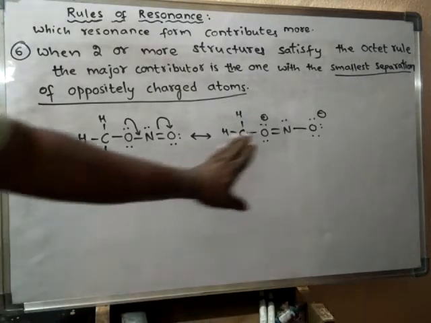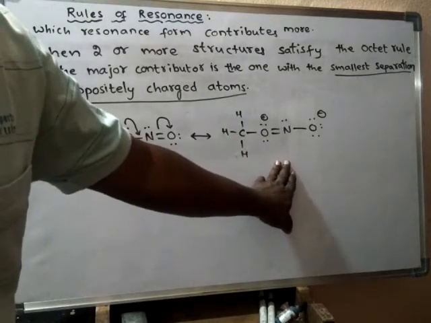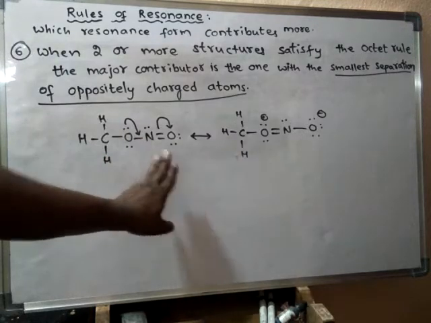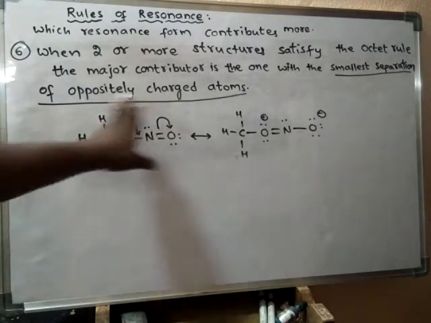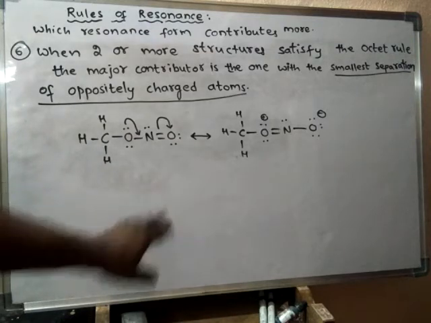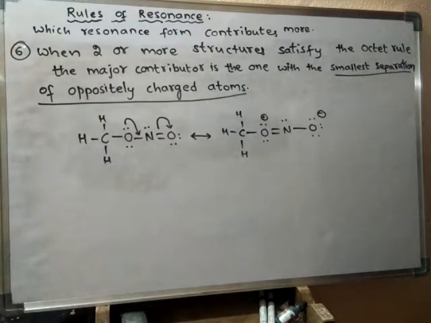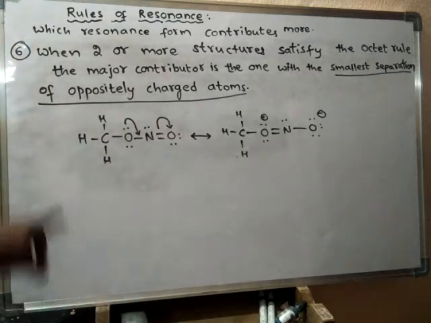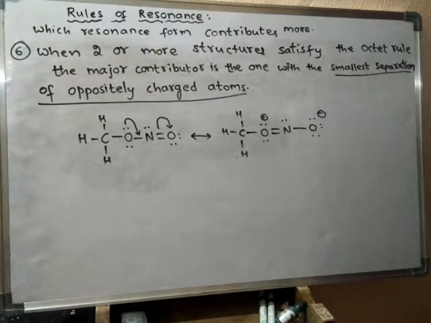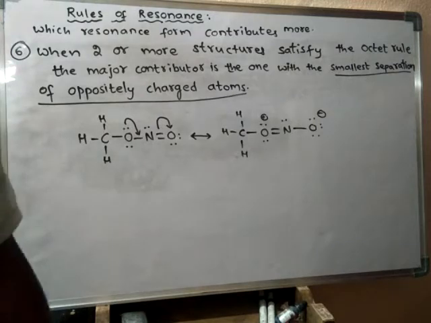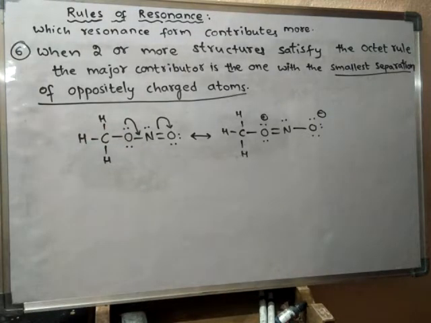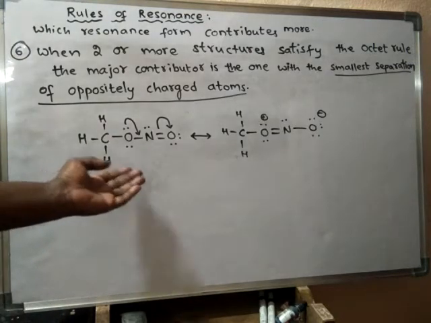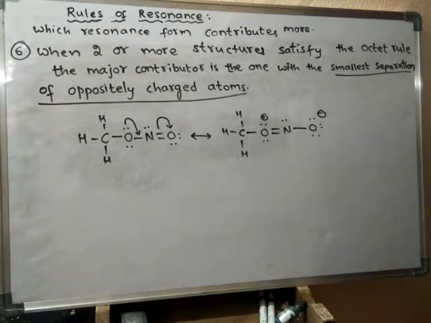Compared to the structure with separation of charges, the structure with no separation of charge is more stable, and it will contribute more towards the resonance hybrid and explain more properties of the original structure.